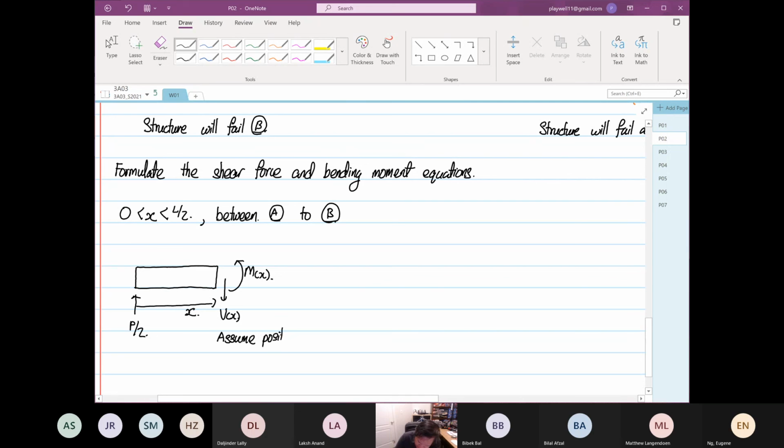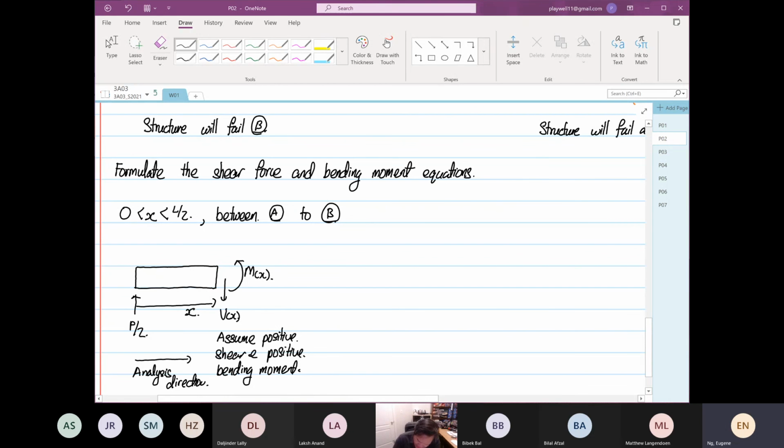You guys might have forgotten those directions because of the assumption that we make. Our analysis direction is from left to right. For positive shear, the Vx should be coming down, and Mx should be in the anti-clockwise direction.